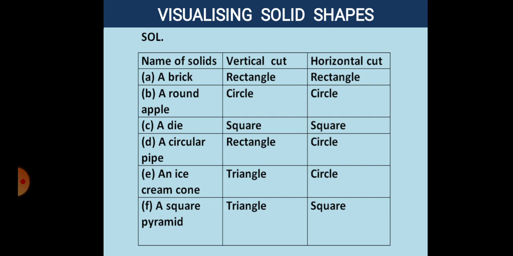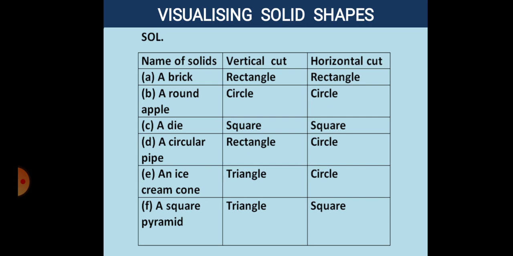C, a die. In this we get square, both in case of vertical and horizontal cut. D, a circular pipe. In this we get a rectangle in case of vertical cut and circle in case of horizontal cut.